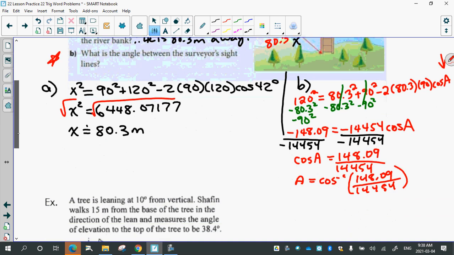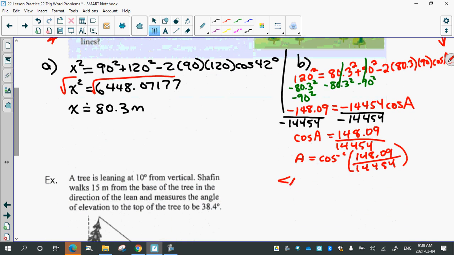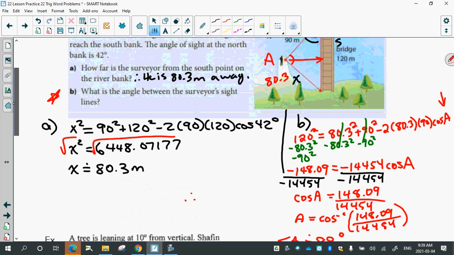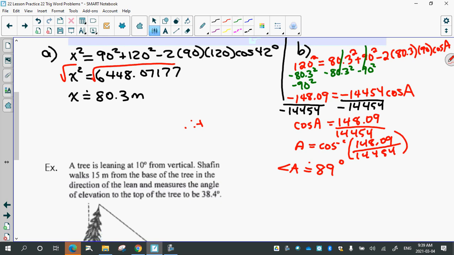So it wasn't greater than 90, but it was close. 89 degrees. So then, can't really fit my therefore statement in very well, but therefore, the angle between the sight lines is 89 degrees.